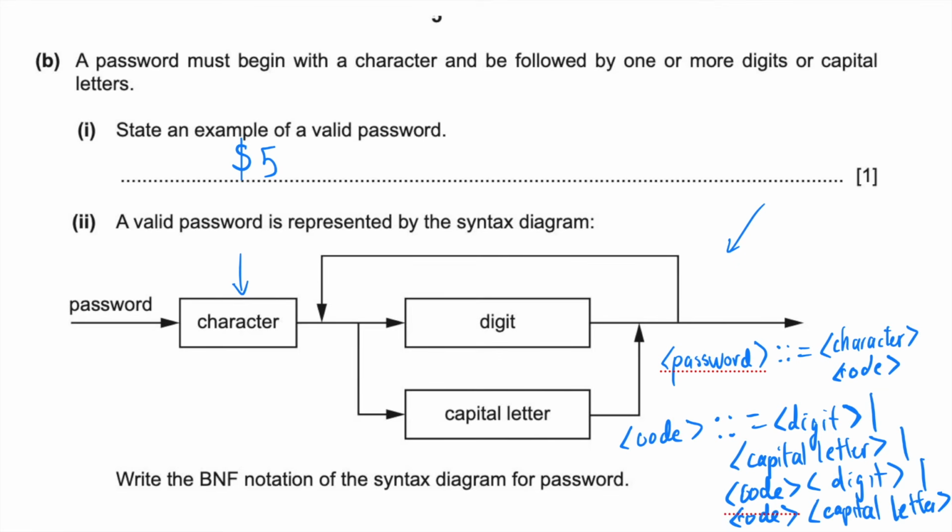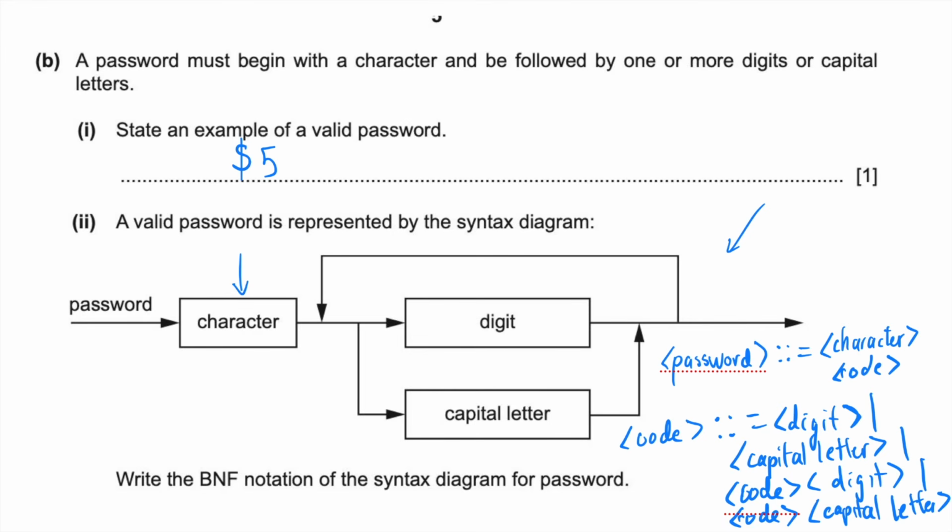And this is how we can represent that we can not only have one digit and one capital letter, but also a digit and then a capital letter. So we could have a construction like a digit and capital letter followed by a digit, or a capital letter followed by another capital letter, or some complex code, a combination, that could be followed by a digit.